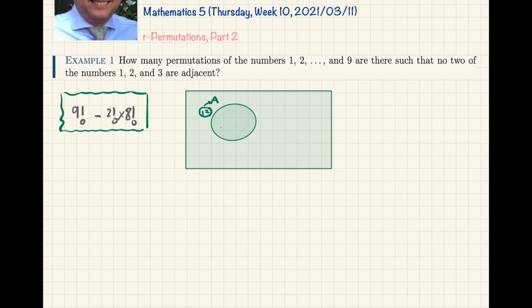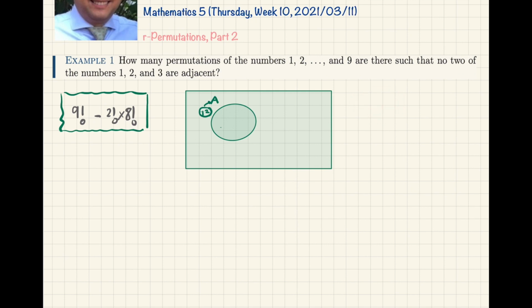I mean, 3 can be 4, 1, so 3, 1, 2. So answer my question. Intersecting or without intersection? I think it should be more close. Yeah, they should intersect. You are right, because there are some cases in which we have 1, 2, and 3. So this is one of those cases. So 1 and 2 are adjacent, 1 and 3 are adjacent.